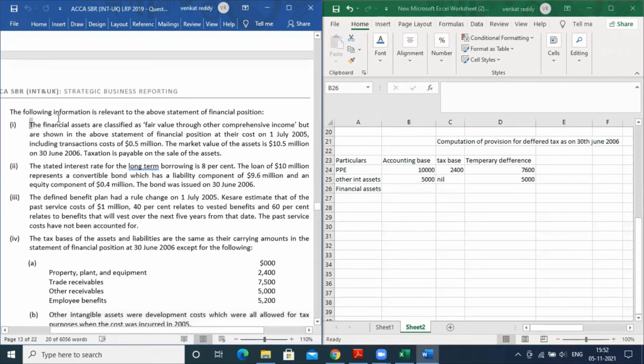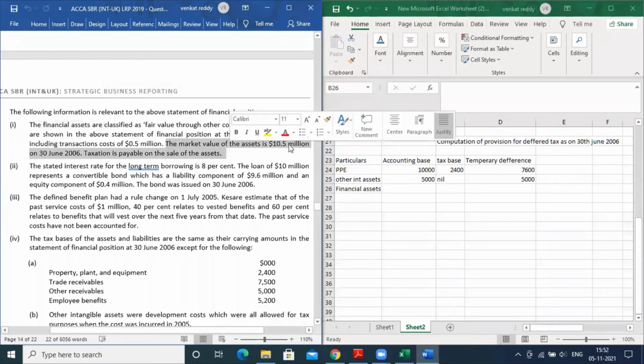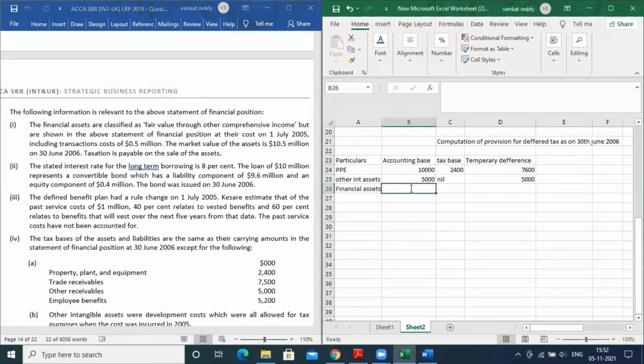The financial assets are shown at cost, but we cannot show them at cost as per IFRS 9. We always need to recognize the financial asset at its market value, that is its fair value, that is 10.5. So in the accounting base, we need to recognize it as 10,500, and as per tax base, we continue to recognize it at their cost base, that is 9,000. So again, there is a temporary difference of 1,500. So this is for financial assets.